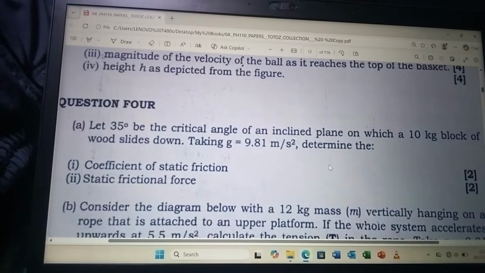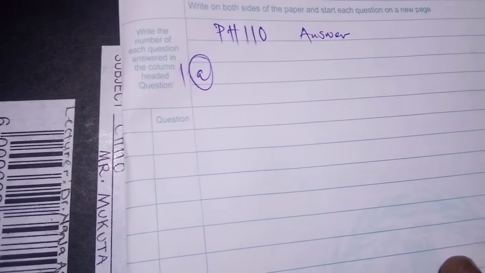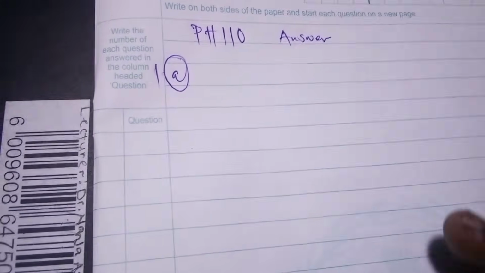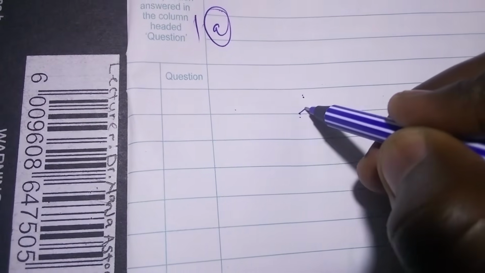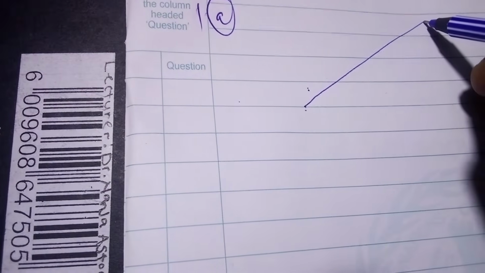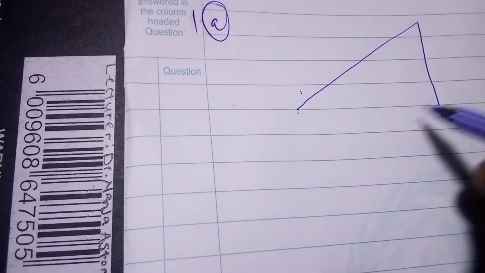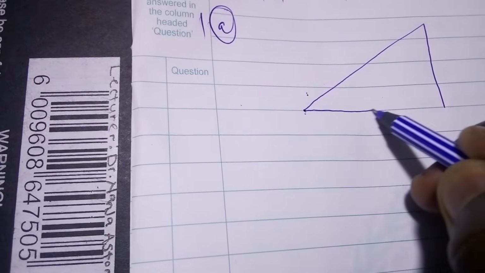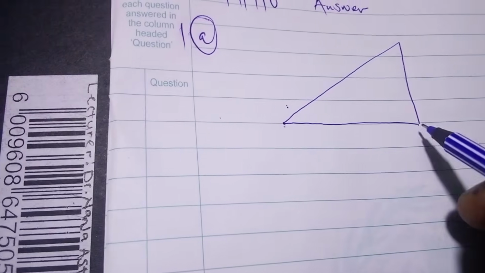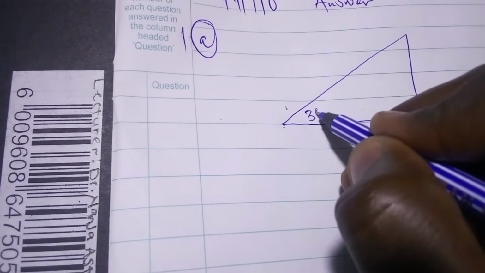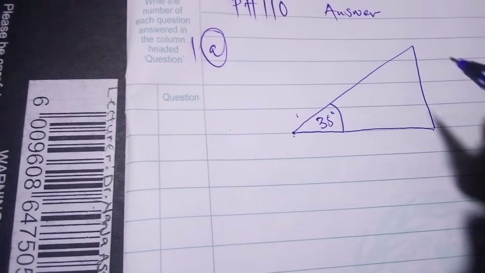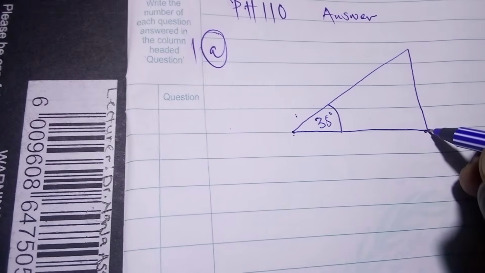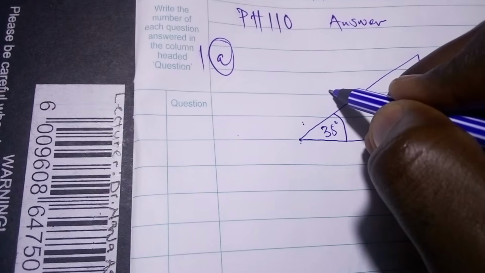So we start. You sketch the free body diagram. They were saying it was on an inclined plane at an angle of 35 degrees.